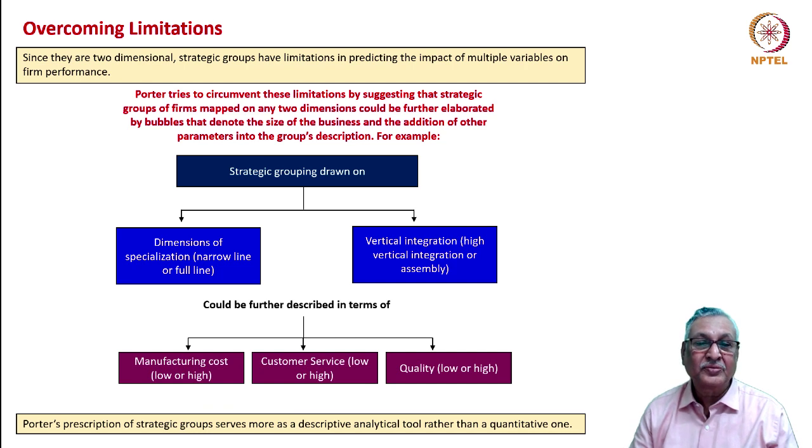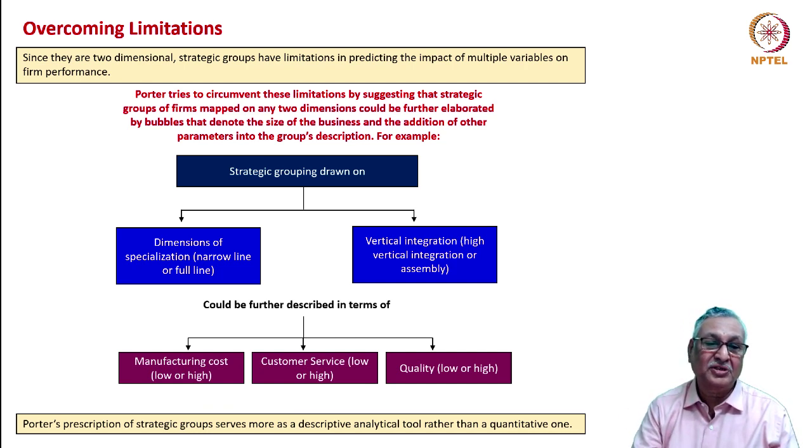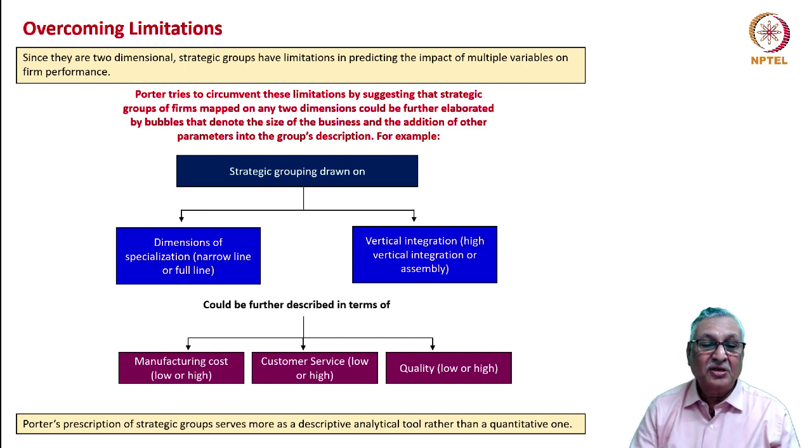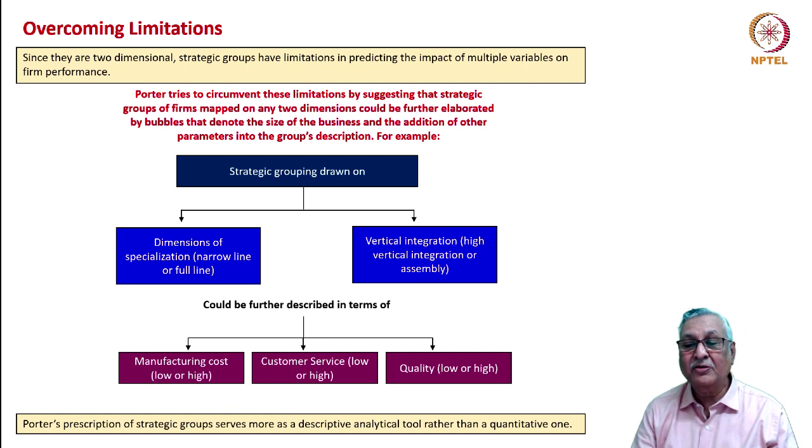For example, we can have strategic groups that are drawn on dimensions of specialization, narrow line or full line, vertical integration, high vertical integration, or just assembly. They can be further described in terms of manufacturing cost, which is low or high, customer service low or high, quality low or high.